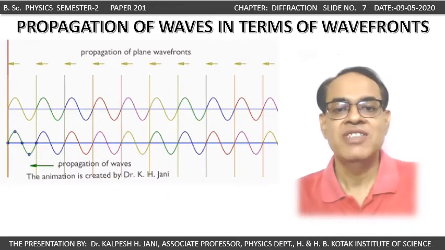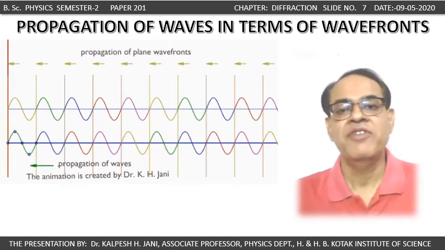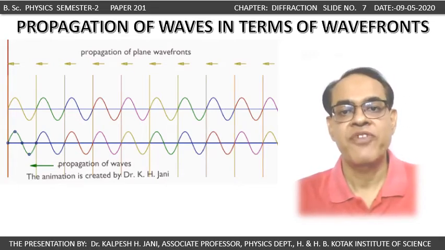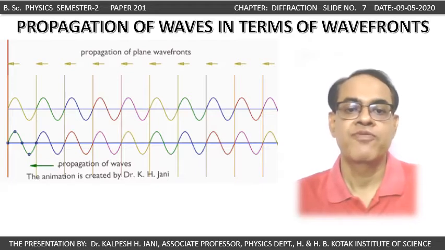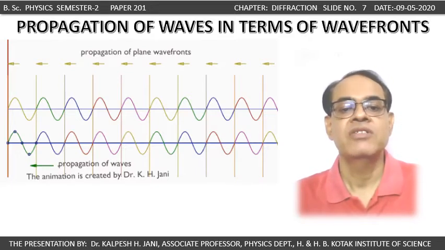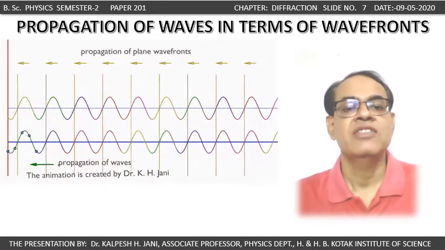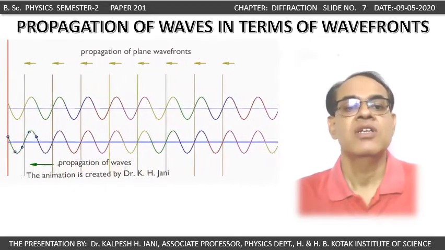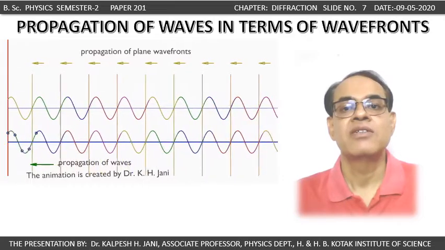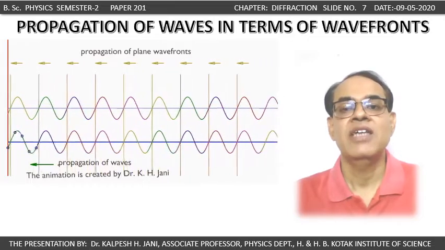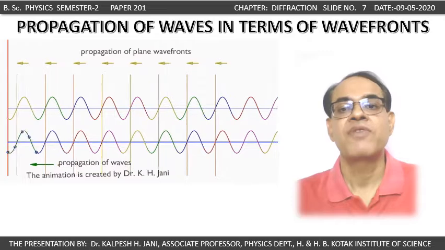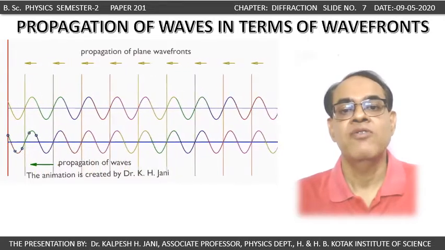Now in this slide, we have already learned what the phase of any point on a wave is. In this particular animation you will see that as the wave moves, we can take this as the motion of the phase point of the wave.